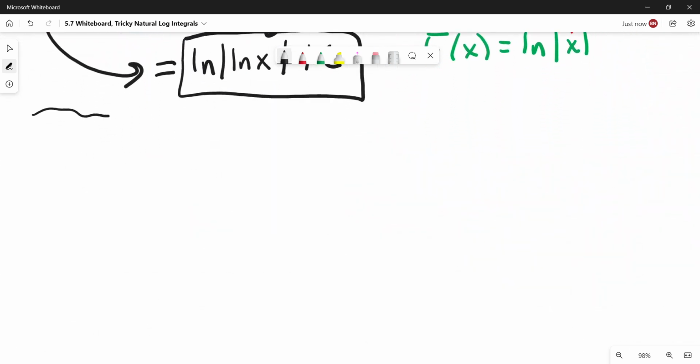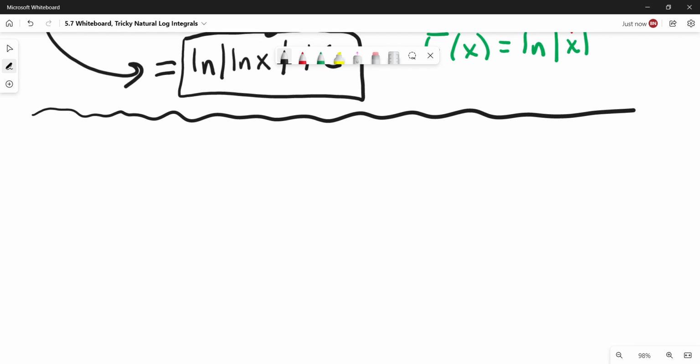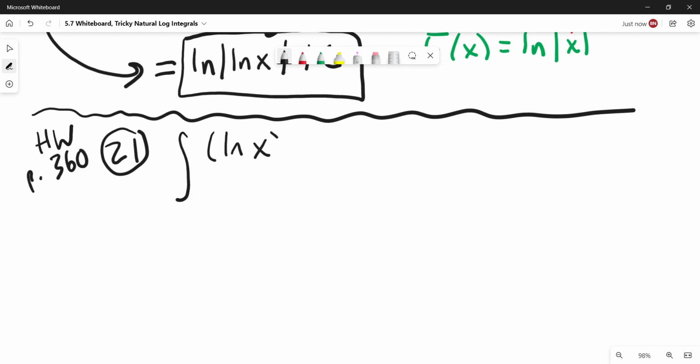So now this is the homework, page 360, number 21. This is part of your homework. So you should have the solution for this, but I wanted to talk through it because notoriously every year, questions like this are super tricky. This one actually looks a little bit less insane than the last one.